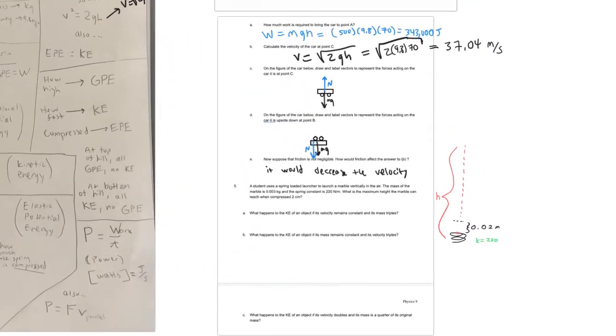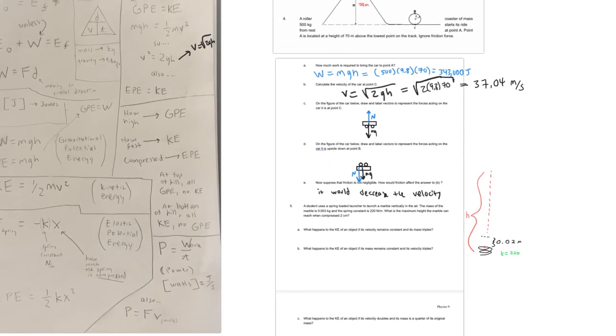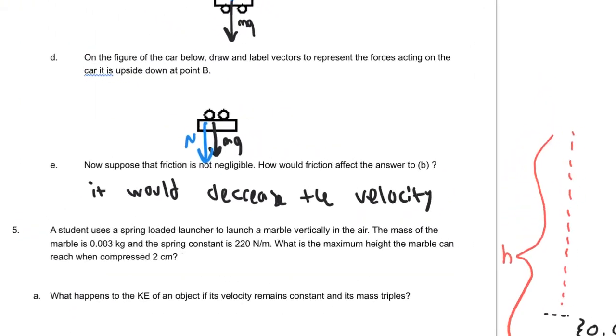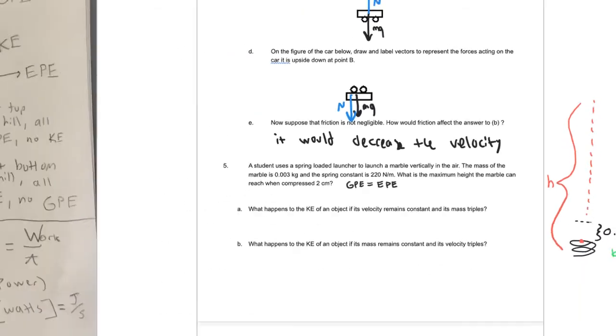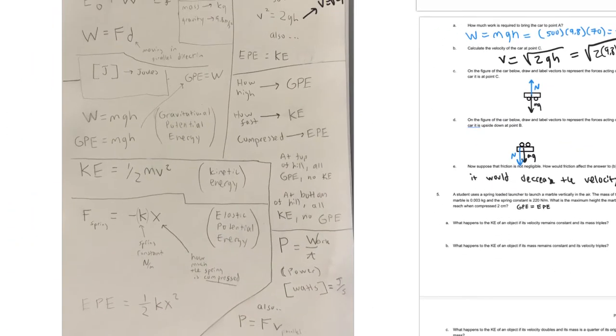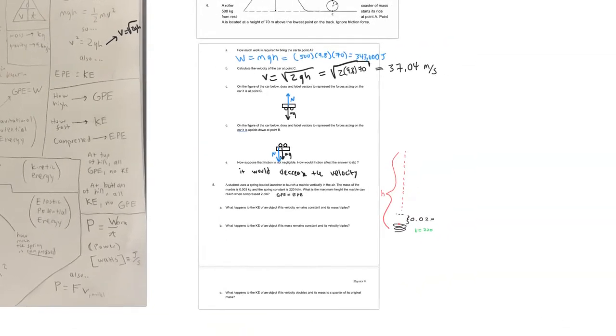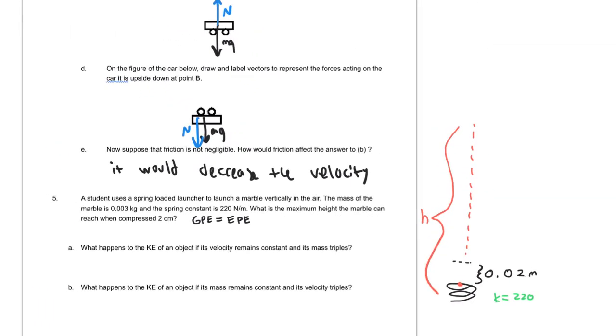So let me just go ahead and write GPE equals EPE. Now we could be clear that GPE is equal to the mass times gravity times the height, right? Mass times gravity times the height.